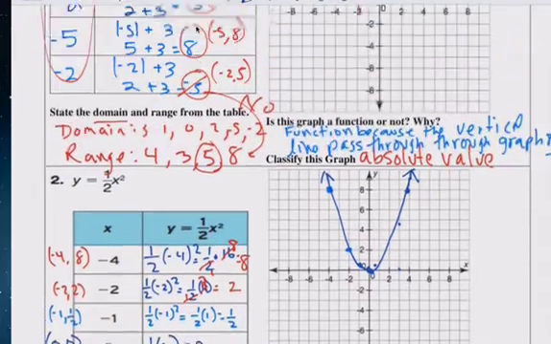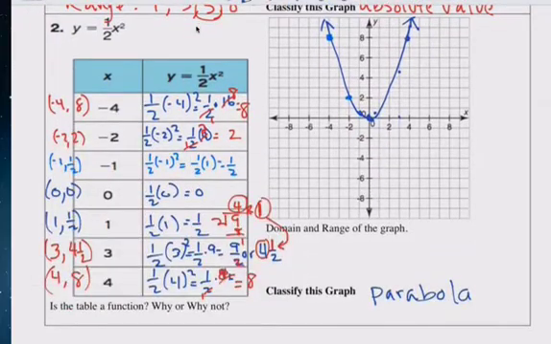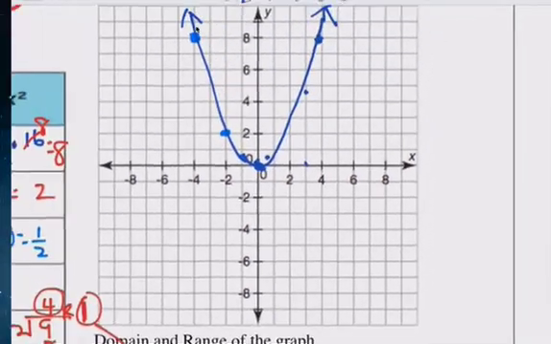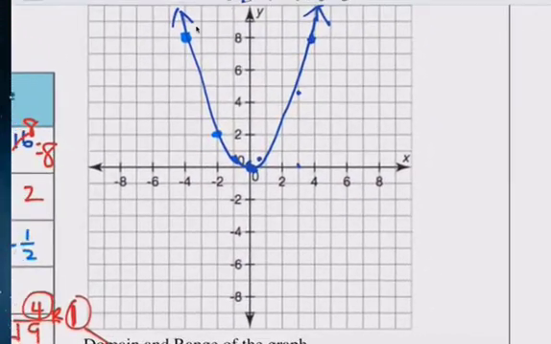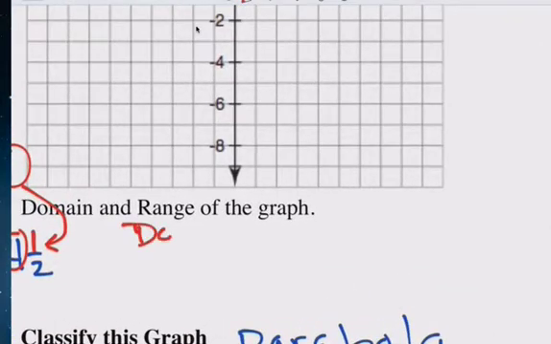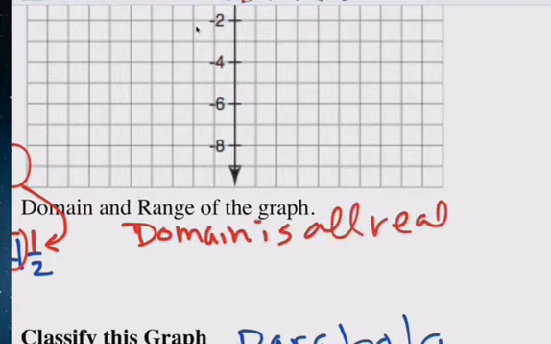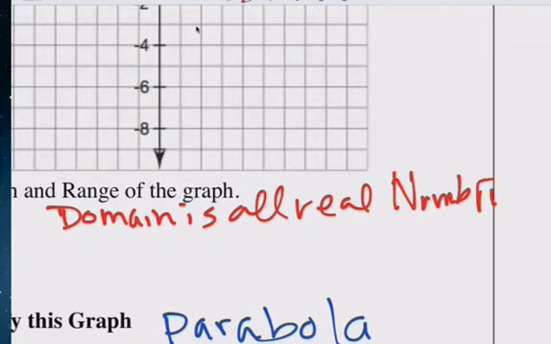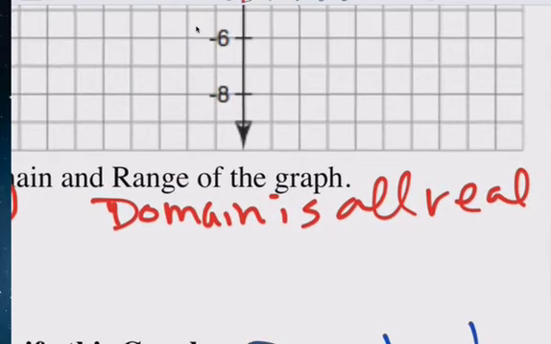Okay? Domain and range of this graph. Domain, x, is all real numbers because x can be this way and that way, and the graph goes on forever. So domain is all real numbers. I can't write. I need to go buy a stylus. Okay, range.